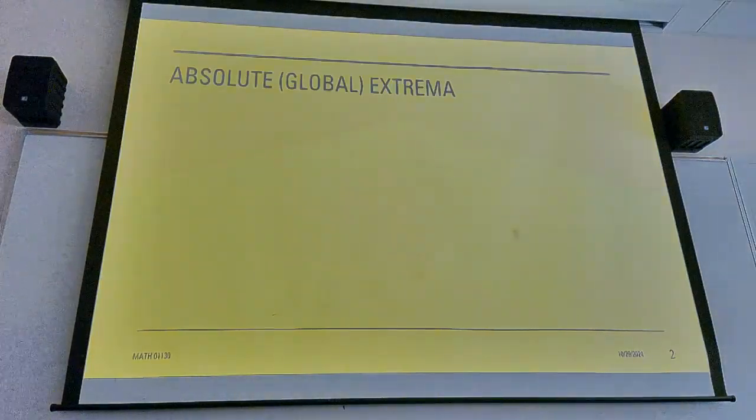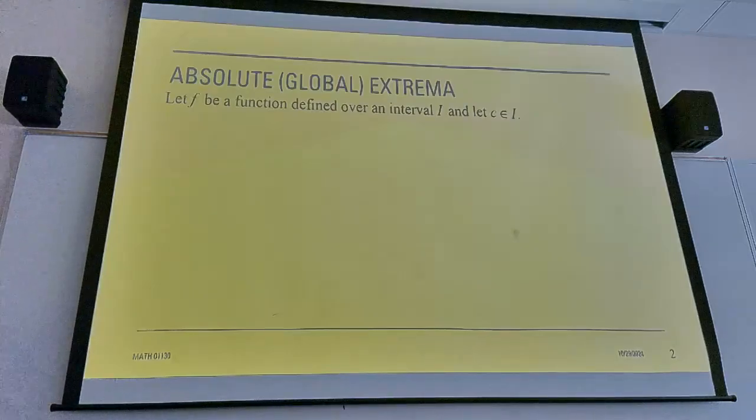Absolute extrema, also called global extrema. You have a function defined over an interval I, and C is some point in that interval.